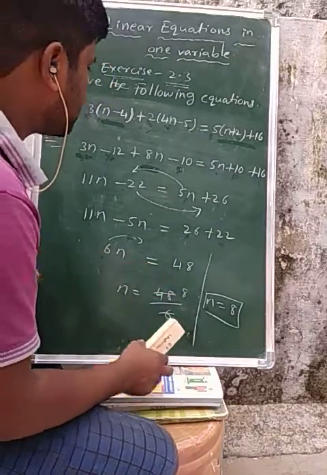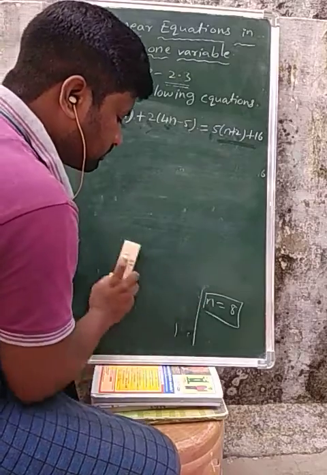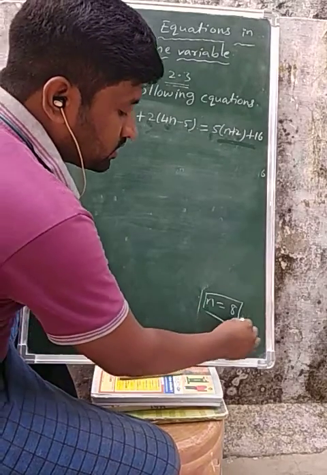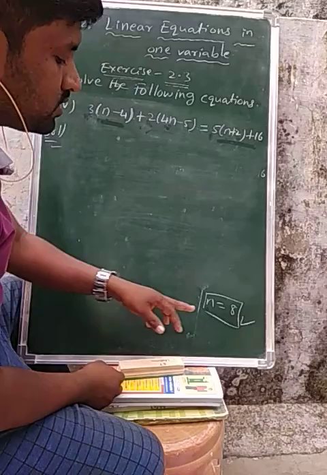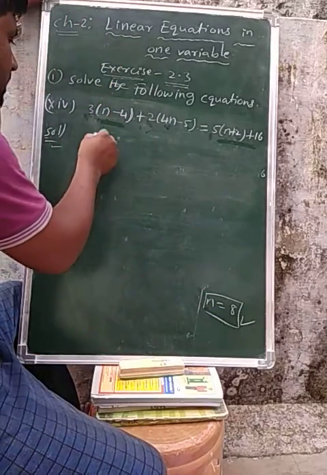So let us see the verification. We got n equal to 8. You just substitute n equal to 8 in place of n.